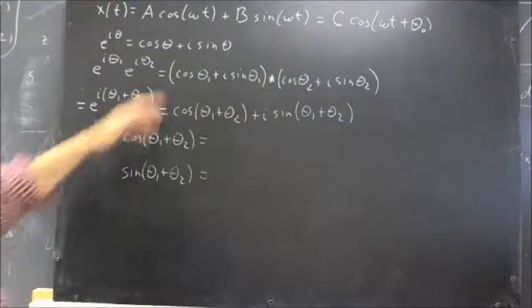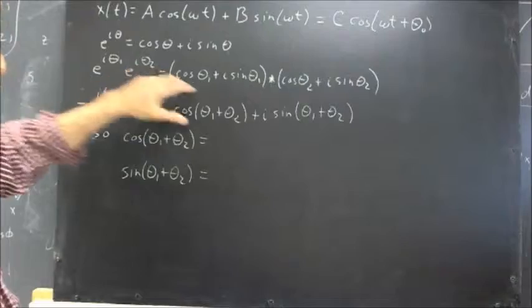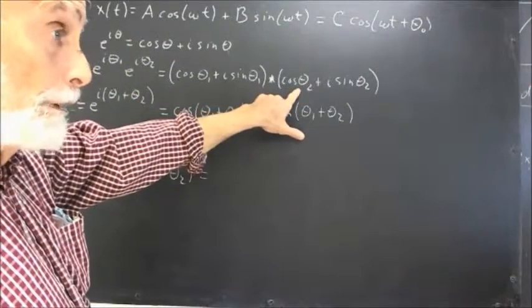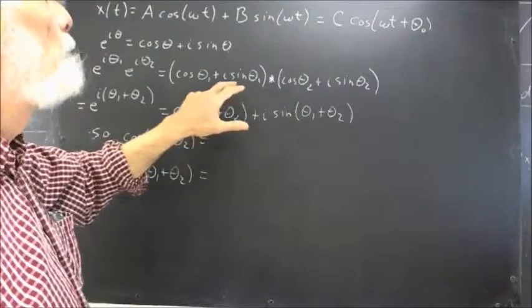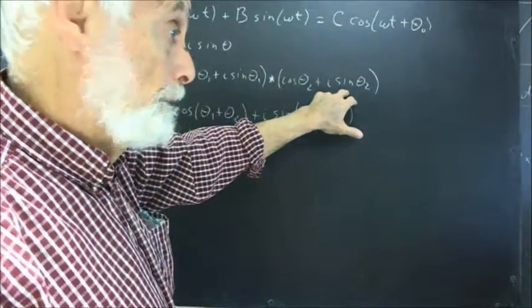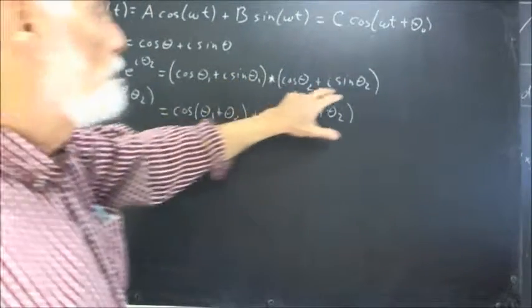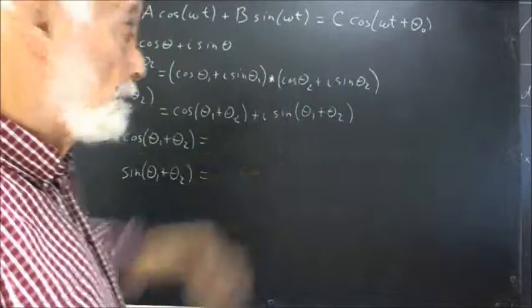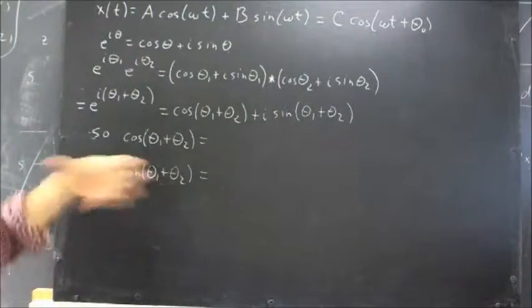So what's the real part of this? Well, the real part of the product here is cosine of theta 1 cosine of theta 2 plus i sine of theta 1 times i sine of theta 2. But of course that's going to give us i squared times sine of theta 1 sine of theta 2. i squared is negative 1. And you should write this out.